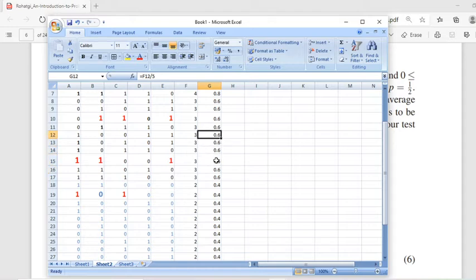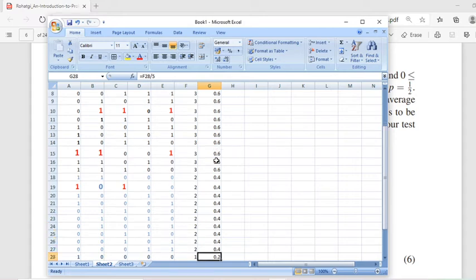So let us take either 0.6 or 0.5, then we can accept the null hypothesis p = 1/2.